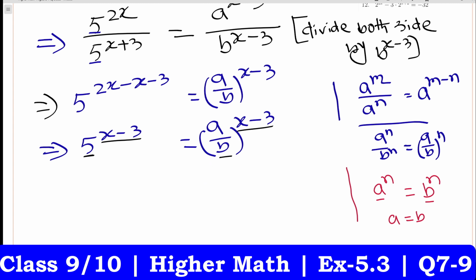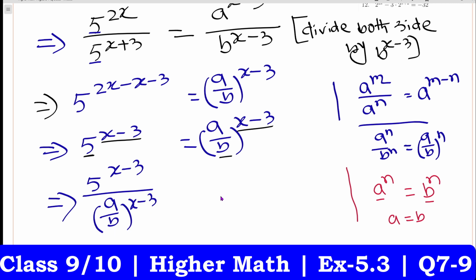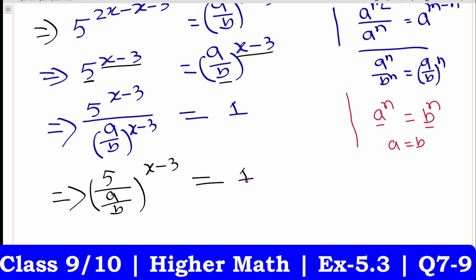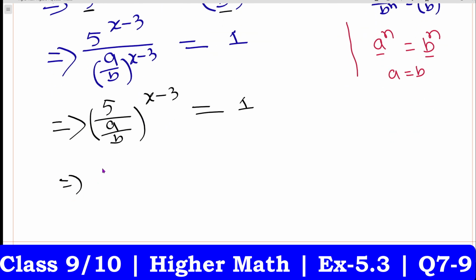In this case we can write 5 to the power x minus 3 divided by a by b to the power x minus 3. It means we are dividing both sides by a by b to the power x minus 3, and here is a 1. Now both powers are the same, which is x minus 3. In this case we can write 5 by a by b to the power x minus 3 equals 1.